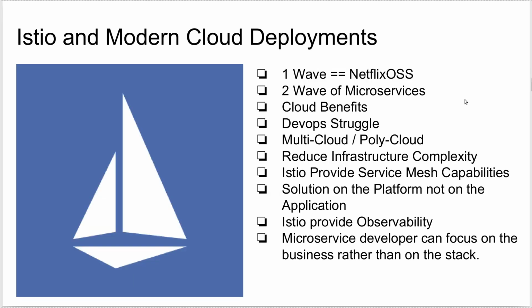Now let's talk about Istio and modern cloud and cloud native microservice development. So first was the first wave with Netflix OSS, and that happened in 2014 pretty much. Netflix was a game changer, introducing several important cloud native concepts like mid-tier load balancing and failover and circuit breaker with Hystrix and so on.